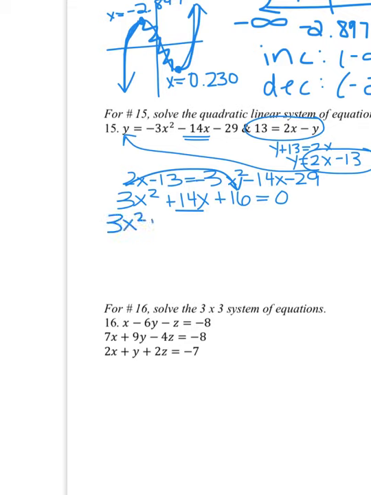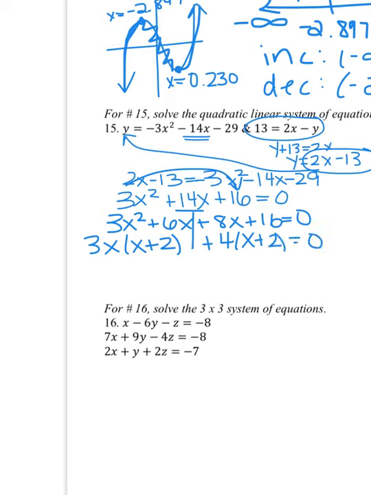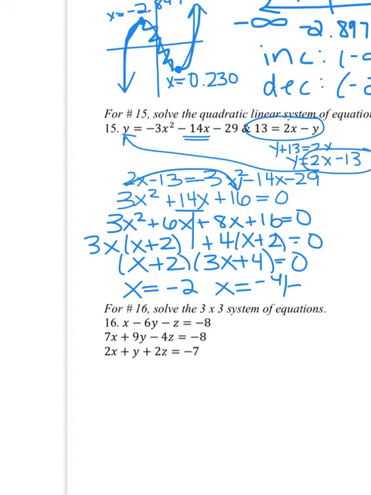So 3x squared plus 6x plus 8x plus 16 equals 0. When I split this down the middle, 3x, x plus 2, 4 times x plus 2. So this is x plus 2 times 3x plus 4, which gives me my 2 x values of negative 2 and negative 4 over 3.